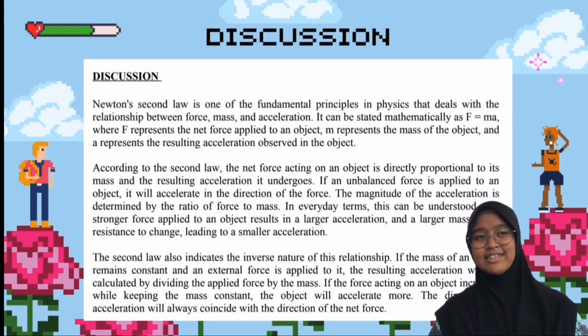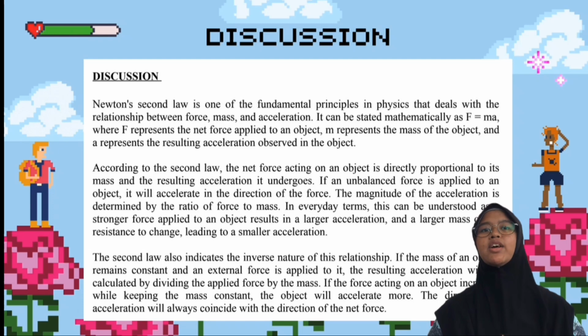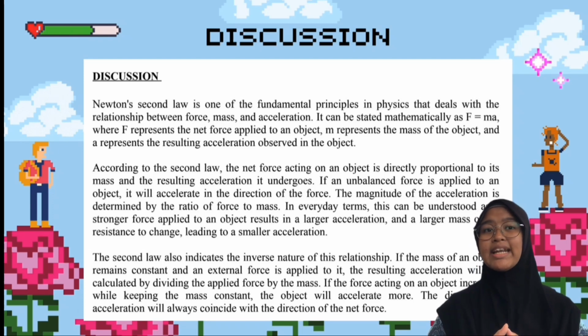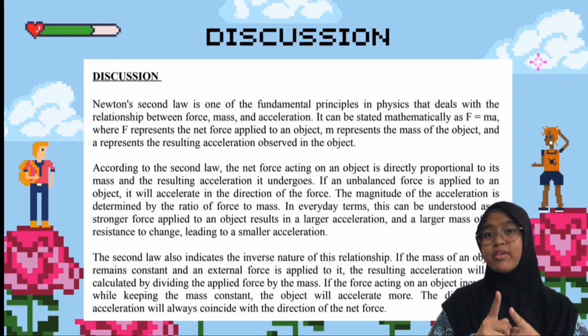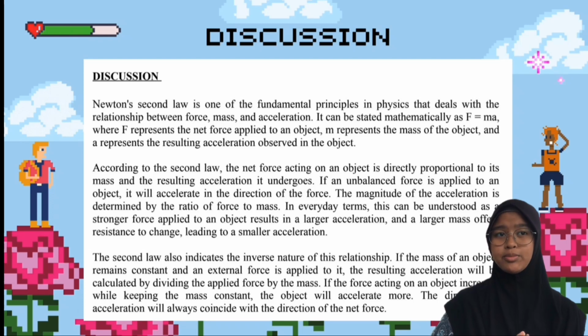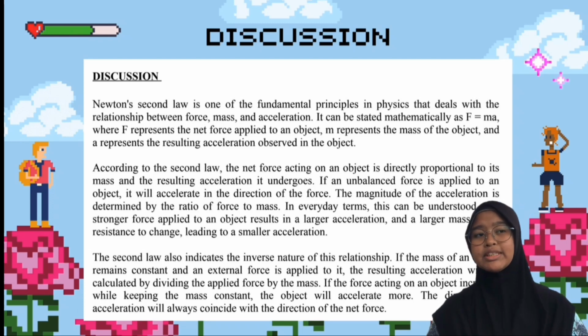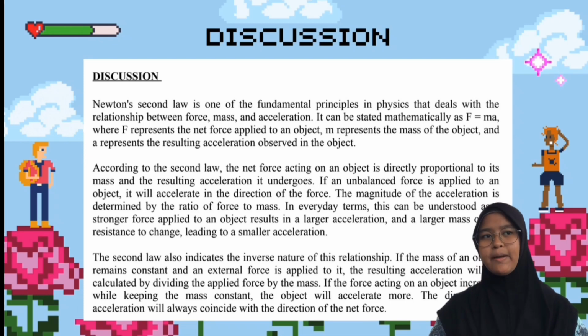On the other hand, discussion. Newton's second law is one of the fundamental principles in physics that deals with the relationship between force, mass and acceleration. It can be stated mathematically as F equals ma, where F represents the net force applied to an object, m represents the mass of the object, and a represents the resulting acceleration observed in the object.